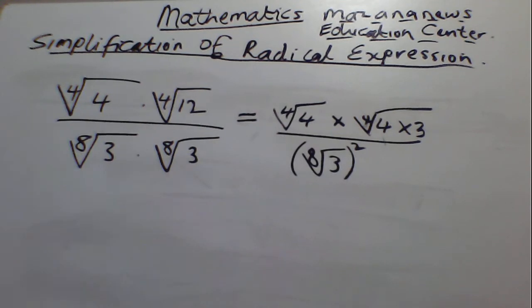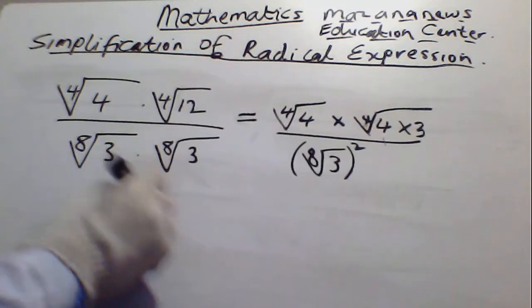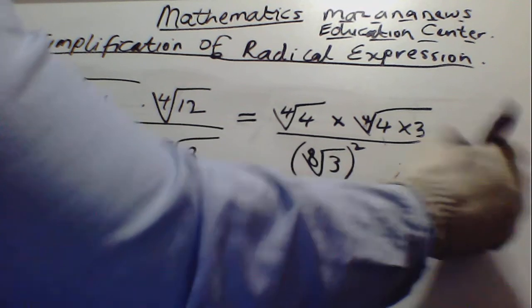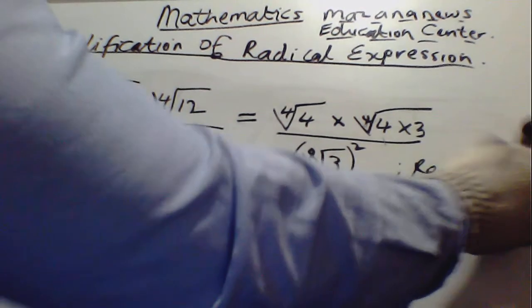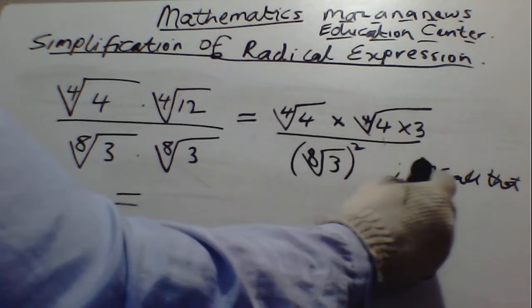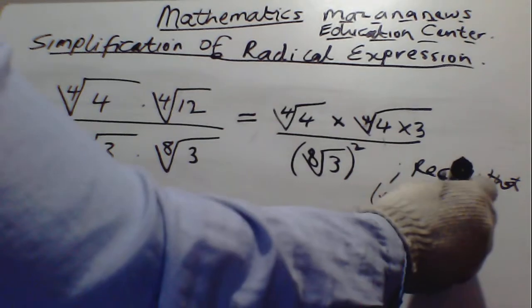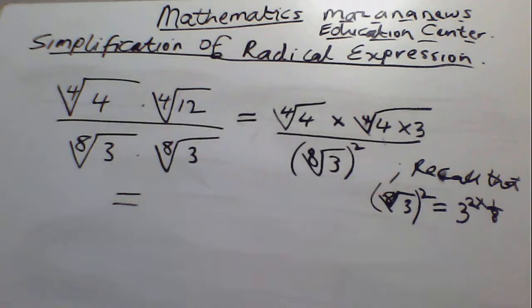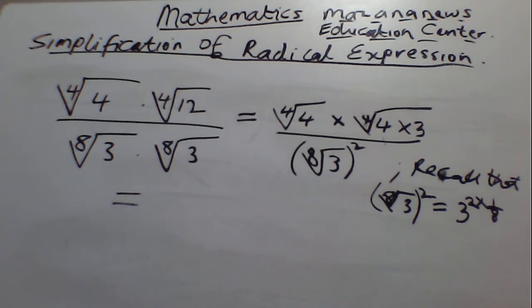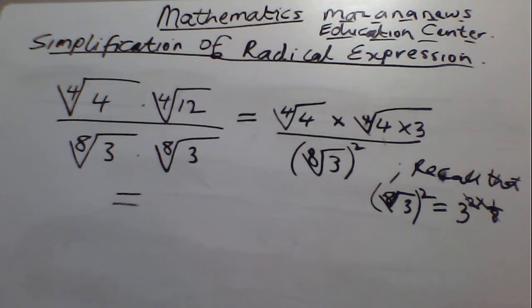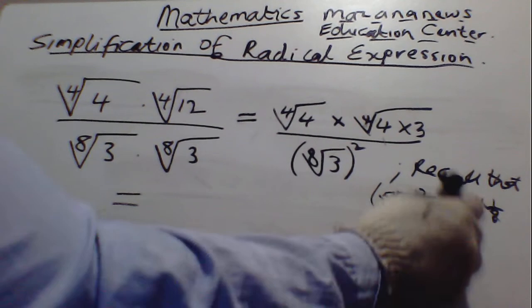So from here, I hope you are following, recall that the 8th root of 3 squared is the same as 3 squared times 1 over 8, that is 3 raised to the power 2 times 1 over 8, so that 8 divided by 2 will give us what? 3 raised to the power 1 over 4.